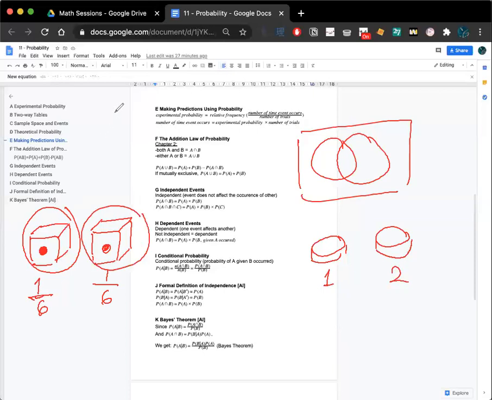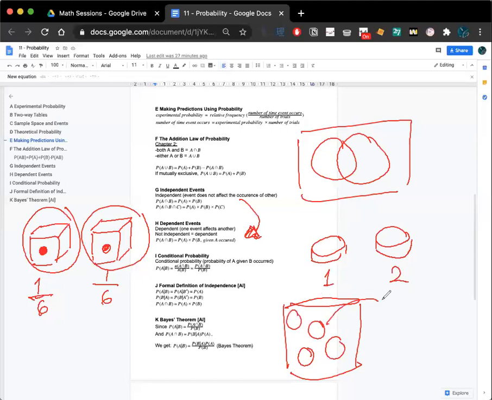Something that is not an independent event is called a dependent event. For example, if you have a bag with red and white marbles, and you take one marble out, and then you take another marble, the first event affects the result of the second event.